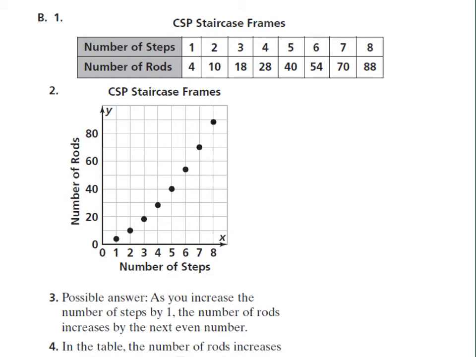Now moving on to the staircase frames, we look at a different pattern. Whereas the number of steps increases by 1 each time, it's a +1 pattern, the number of rods increases at a different rate, +6, +8, +10, and so on. And some students describe this as increasing by 2 more each time.